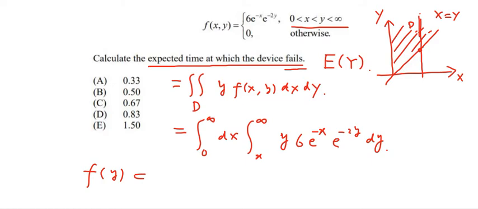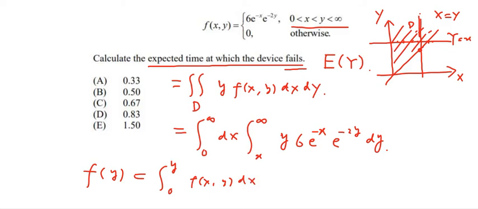Don't get confused. For this y, we just add all those x's, right? So y equals, x from 0 to y, f(x, y) dx.